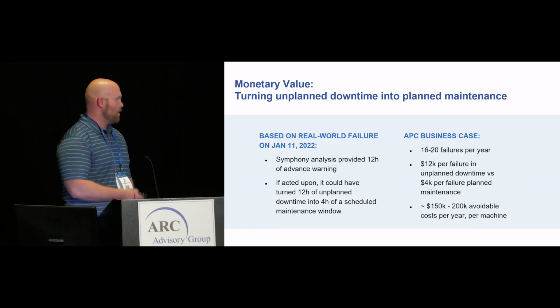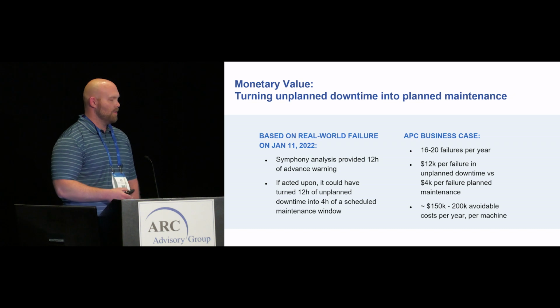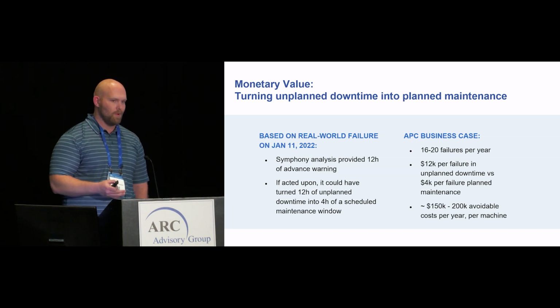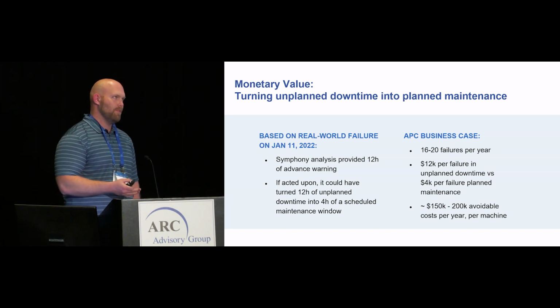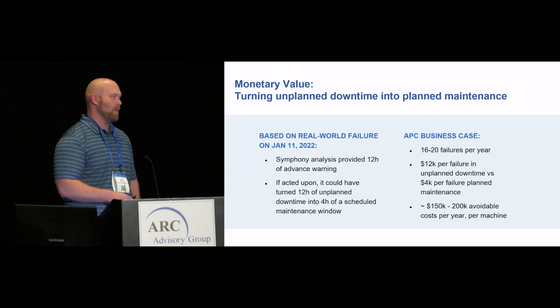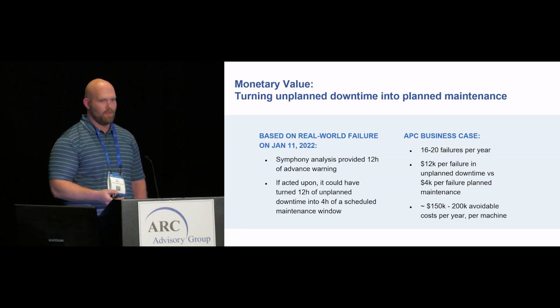We'll get into it. So monetary value, we talked about what this equated to for us. We see approximately between 16 to 20 bearing failures per year, depending upon what we're doing. Some of it's in a pretty harsh environment for the bearing. The Symphony analysis provided 12 hours of advance warning.